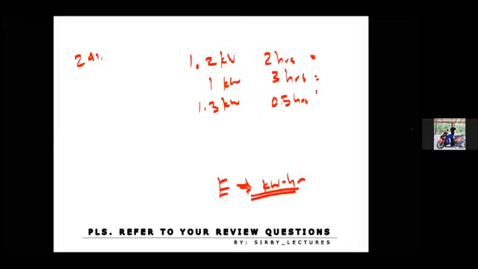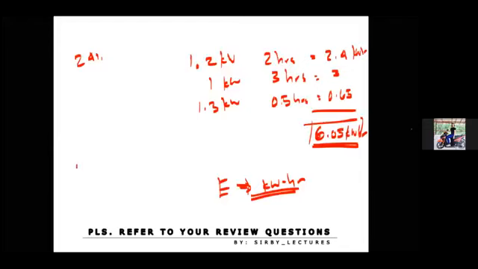First let's multiply this. 1.2 times 2, we get 2.4 kilowatt hours. And here, 1 times 3 is 3, and this one is 0.65. Our energy consumption is 6.05 kilowatt hours.